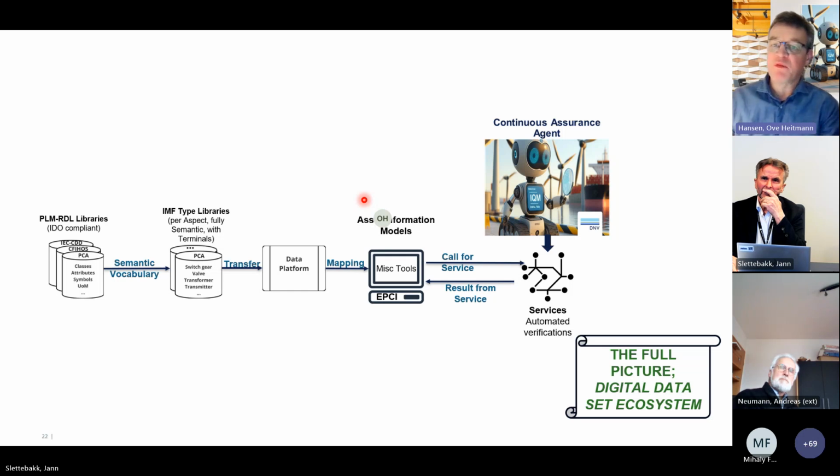And this goes between equipment belonging to a system, which comes into representing the process that Jann explained, but it goes across aspects as well. Connecting the different aspects is so important, so we understand the different aspects of the equipment and the processes.